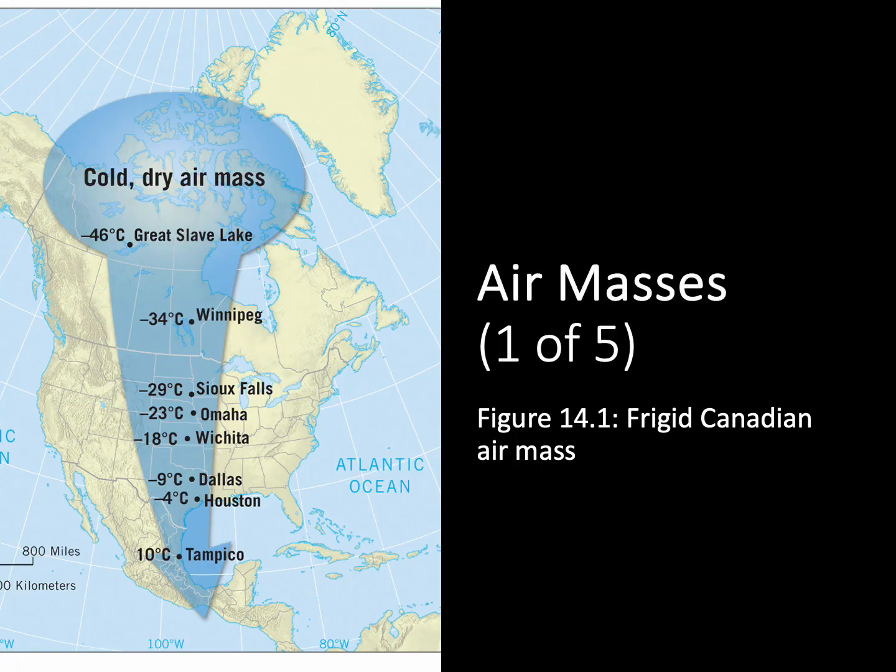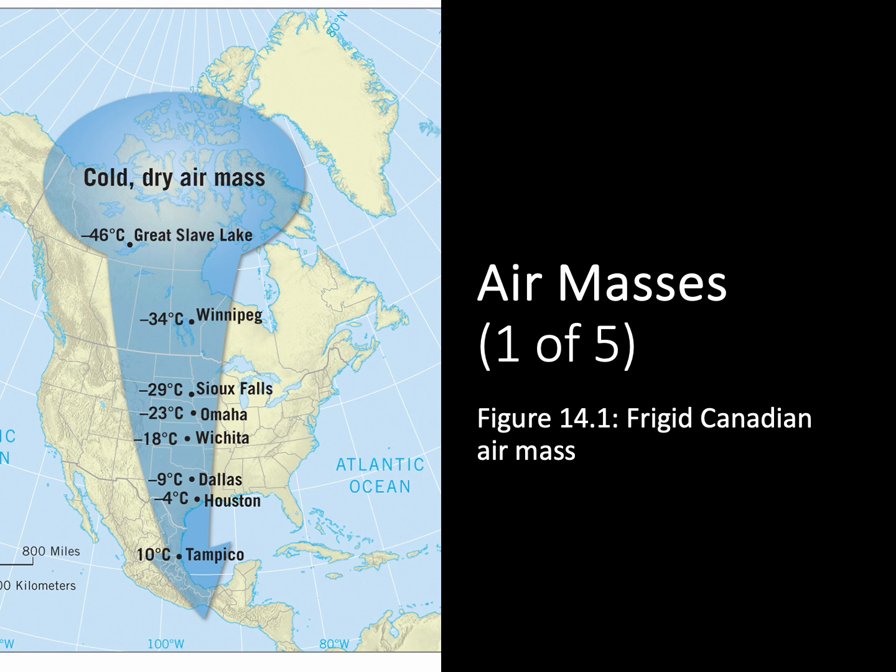This map is just showing us an air mass. Seeing where it starts in northern Canada, you can see that this is almost the size of the entire country. But because it's starting in northern Canada, in a high latitude where it's very cold, this is going to be a very cold, dry air mass. And it's at negative 46 degrees Celsius.